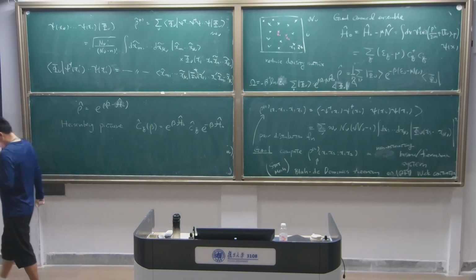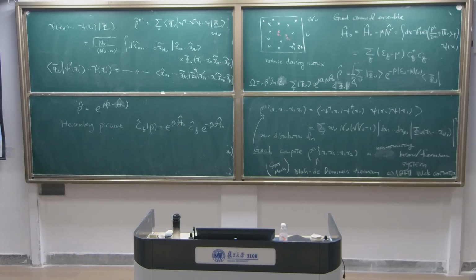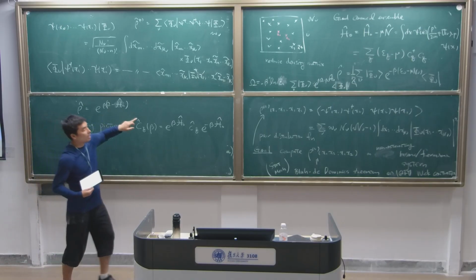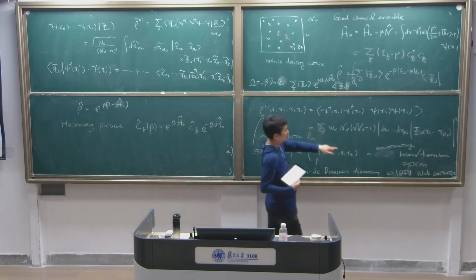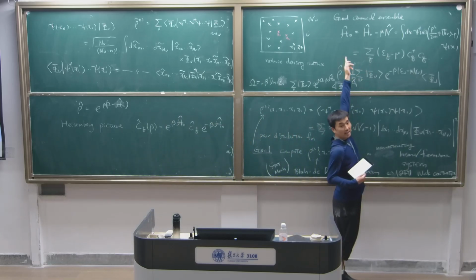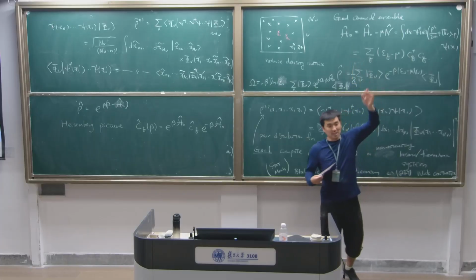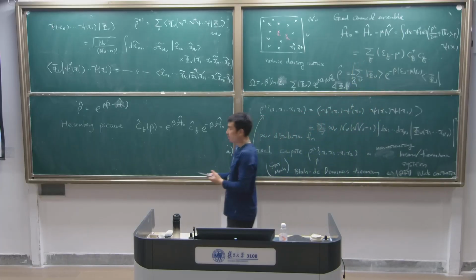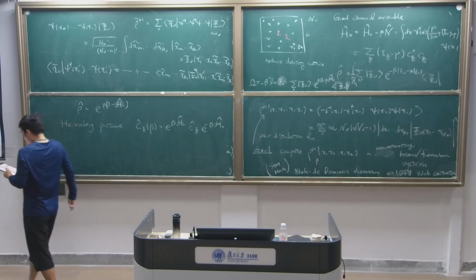This is how you define the time evolution in the grand canonical ensemble. So instead of the square H, you have to use curly H hat to consider this imaginary time evolution. That's what I mean.